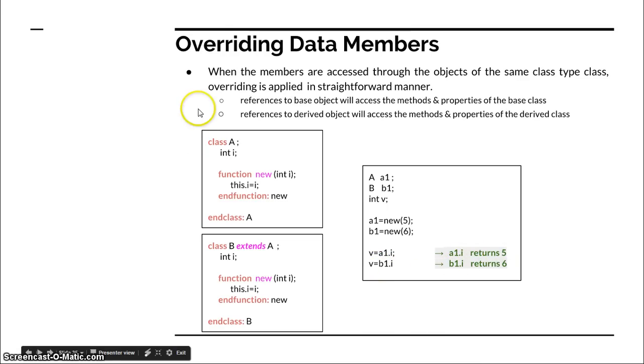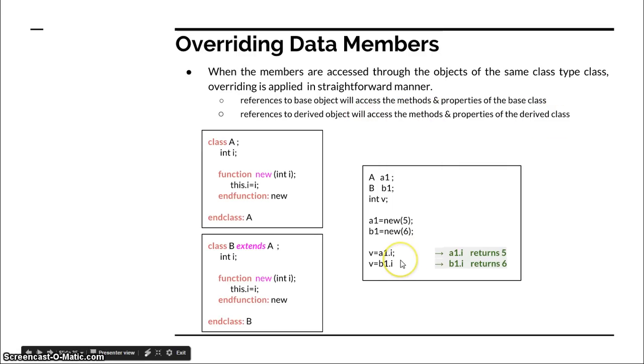Now coming back to the statement in the previous slide, when you override data members or member functions, when the members are accessed through the objects of the same class type, overriding is applied in a straightforward manner. So the reference to the base object will access the methods and properties of the base class, and the reference to the derived object will access the methods and properties of the derived class.